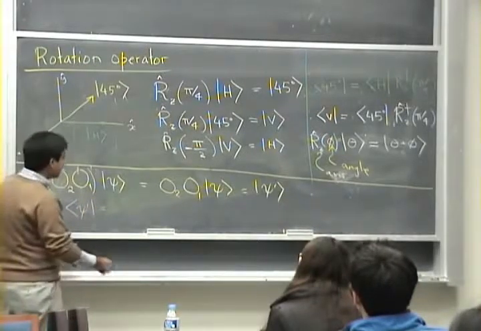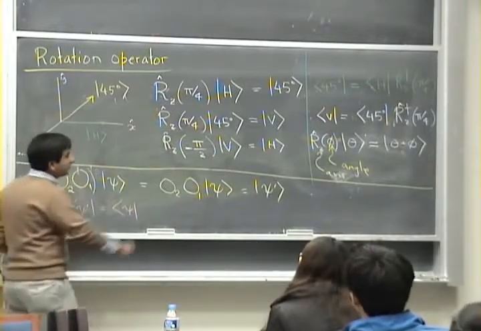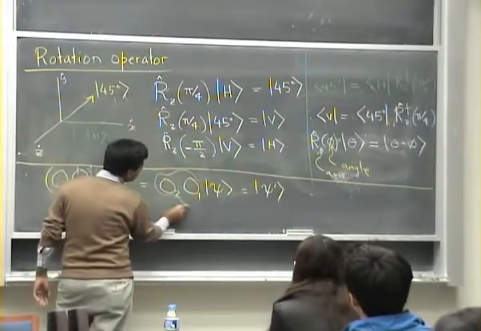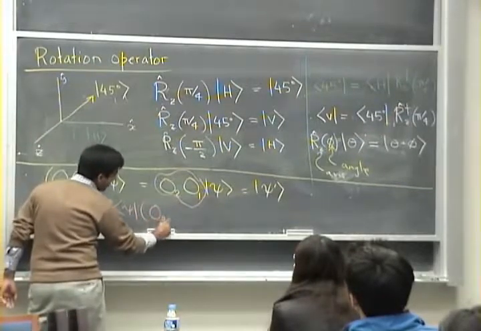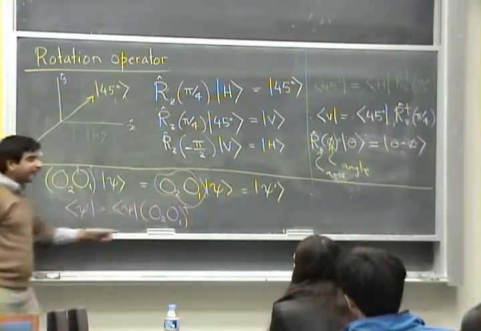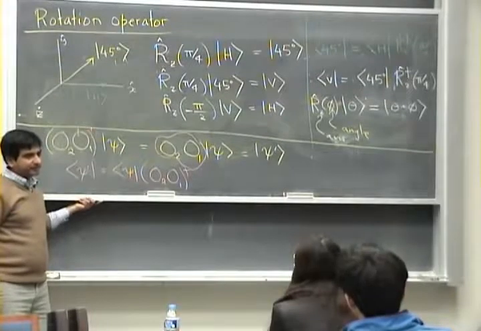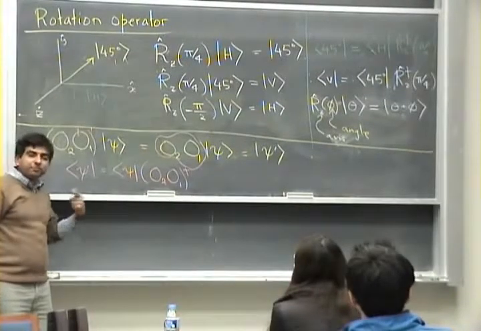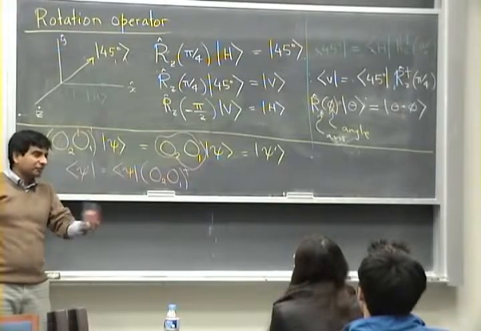Something is going to act on bra psi, right? What is going to act? The adjoint of all of this: O2 O1 dagger. And the adjoint of a product of operators is the product of the adjoints but with the reversed order.